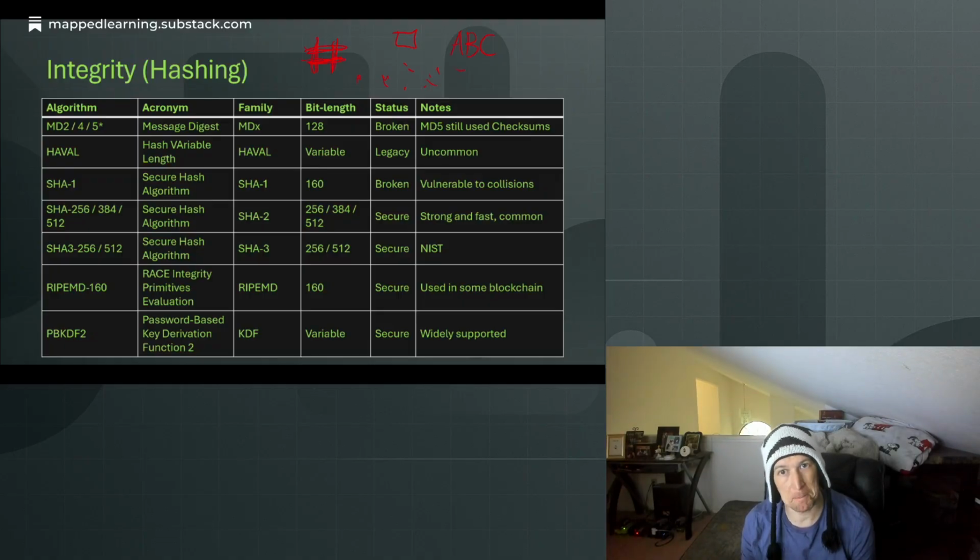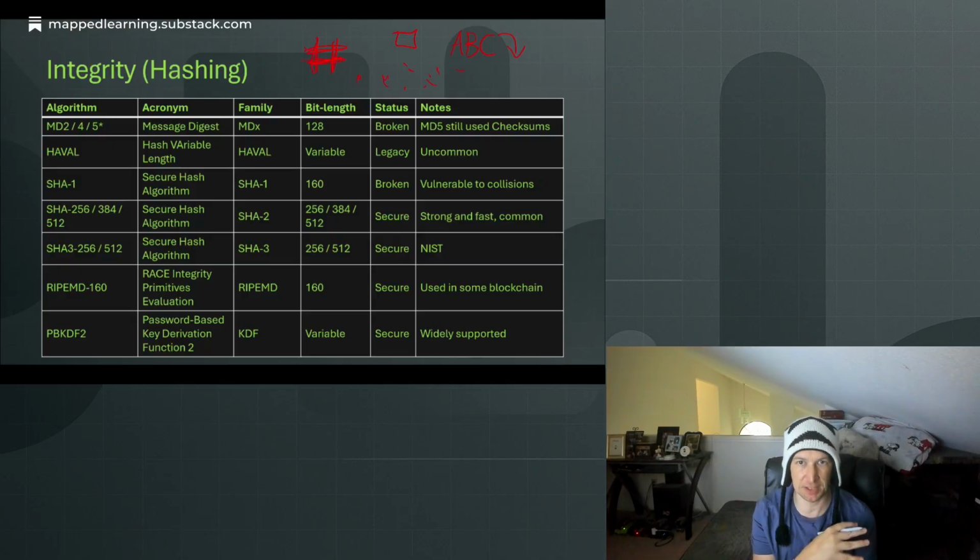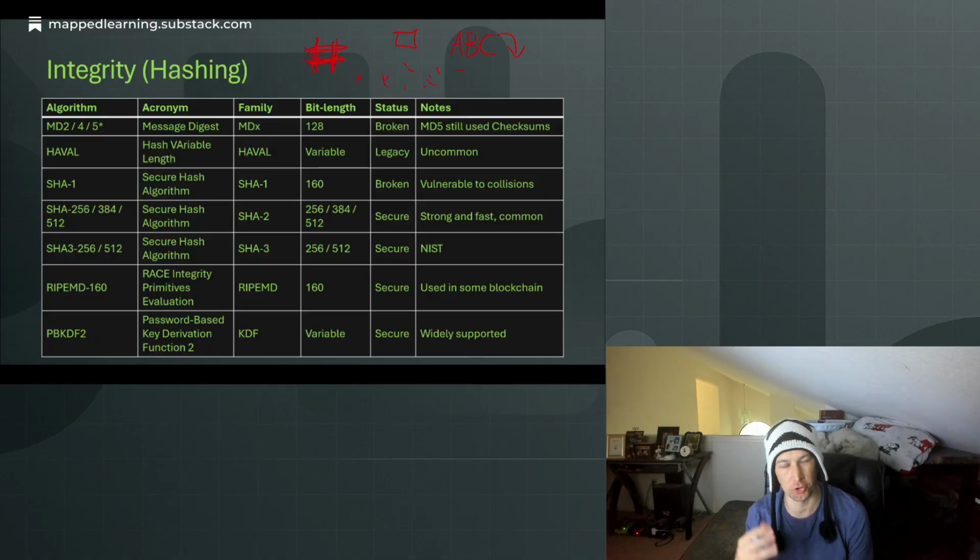Well, what that mathematical function is going to do is turn those three characters into a fixed length series of bits. And if you remember from my previous IPv4 lesson, a bit is just on or off. It's the smallest size of data.